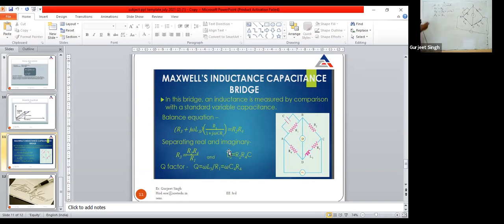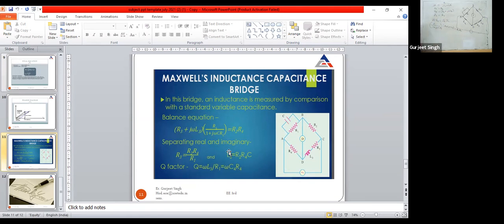So we will write the equation Z1 Z3 is equal to Z2 Z4. Z1 is R1 upon 1 plus j omega C1 R1. Then Z3 is R3 plus j omega L3. This is equal to Z2 Z4, that is R2 and R4.